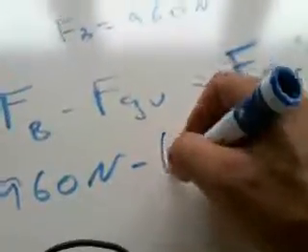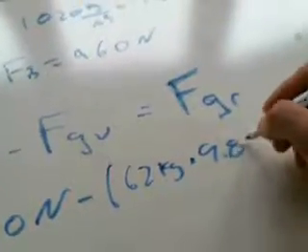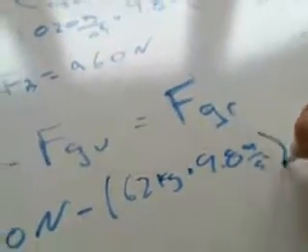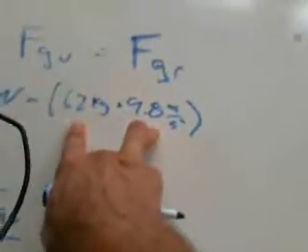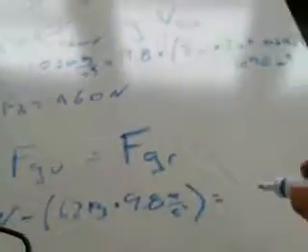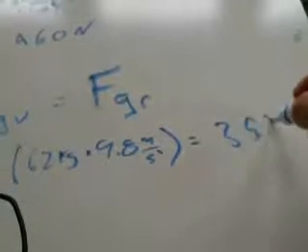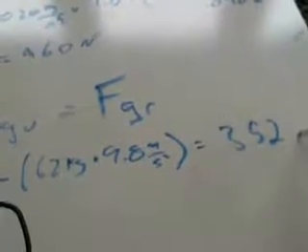So if that's your mass, I have to then turn that into a weight, which means I will take 62 kgs, multiply it by 9.8 meters per second squared, 960 times 620, basically. And that gives us a force gravity of the raft is dancing around 352, and that's in newtons.